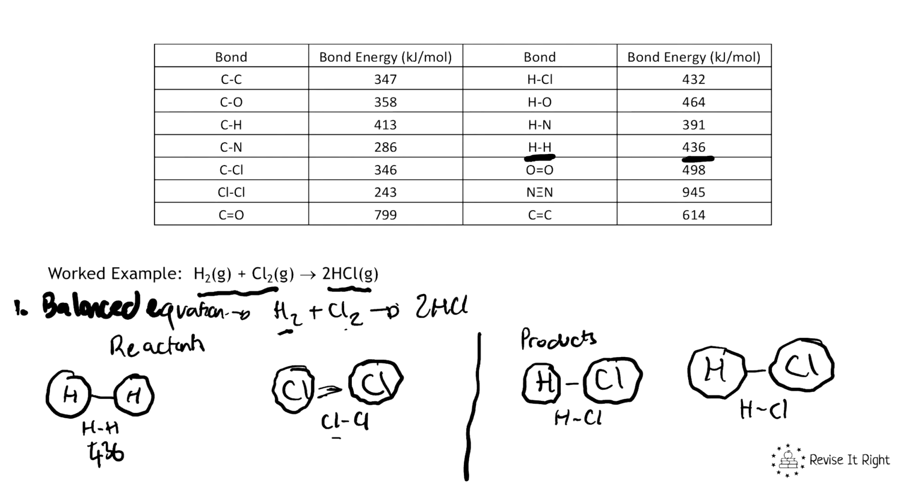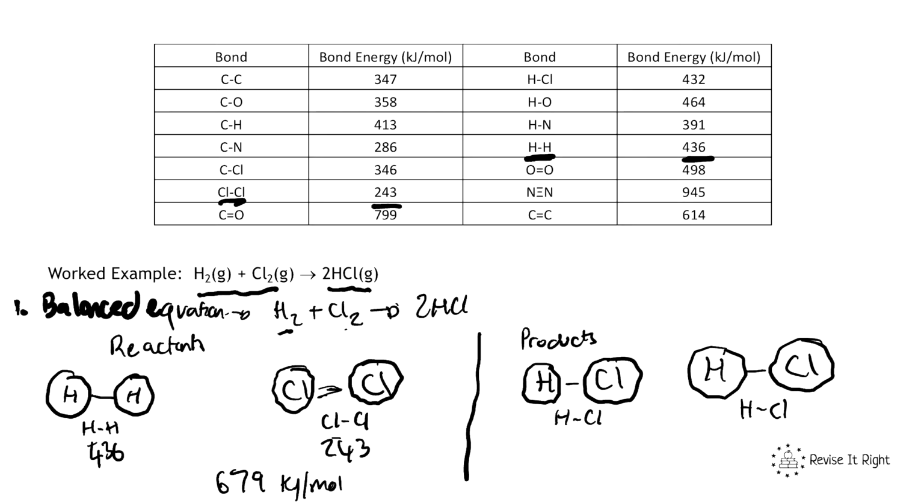And then Cl is here. So it takes 243 kilojoules per mole to break that one. Okay, and to find the total, all you need to do is add them together. So 436 add 243, and the answer is 679 kilojoules per mole is required energy to break those two bonds.